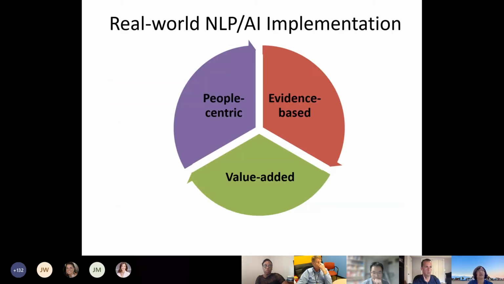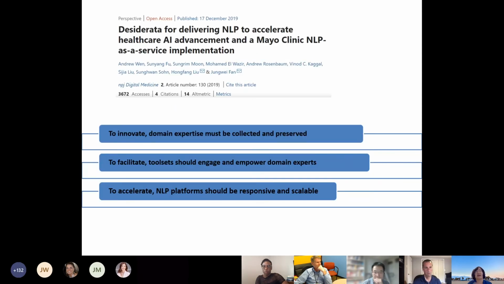All those actually get back to, for real-world NLP AI implementation, we needed to take an approach which is evidence-based, value-added, and people-centric. And this goes back to the design principle we have for the OHNLP, which is that we needed to make sure we jump out of the research community of the clinical NLP and view this as a real-world NLP, real-world AI implementation.